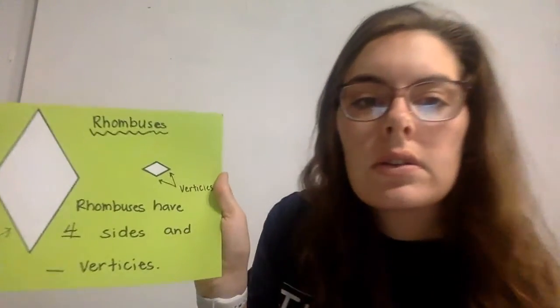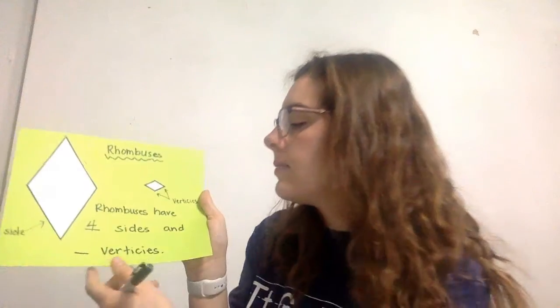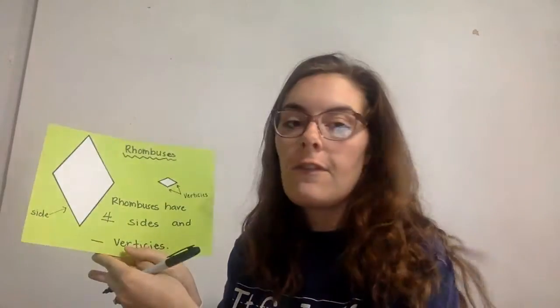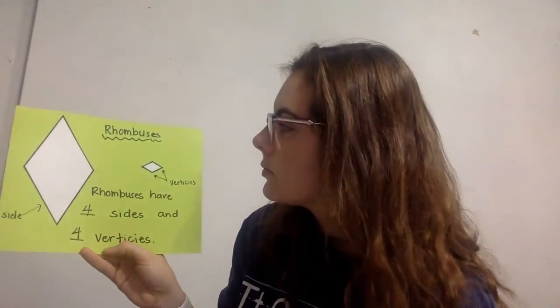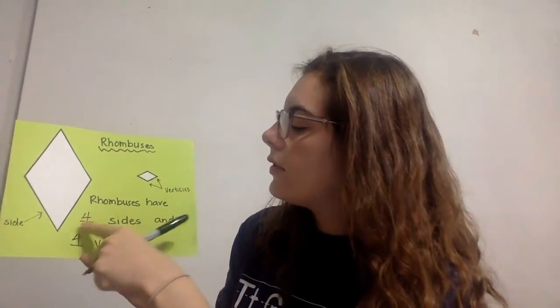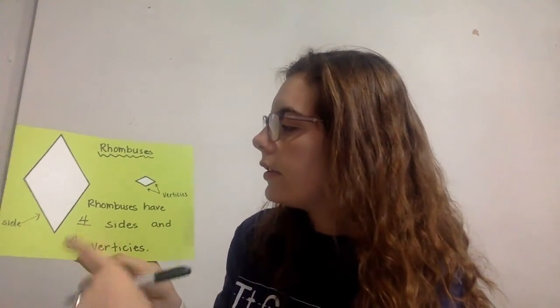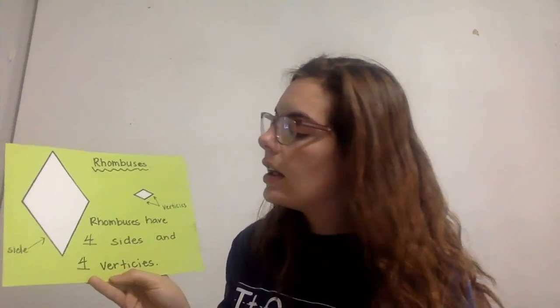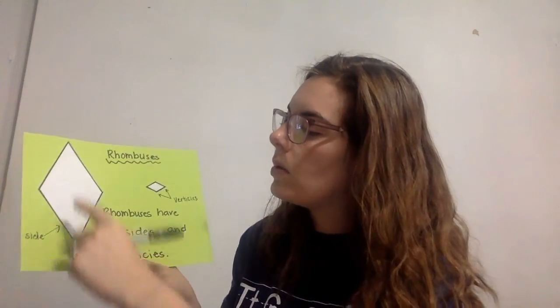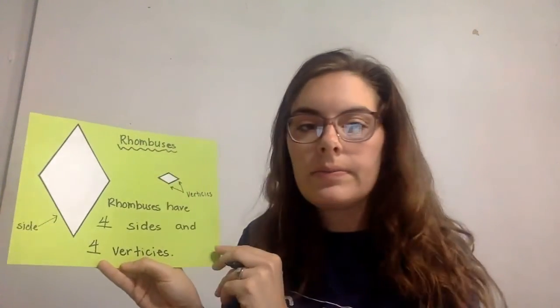I drew my arrows to show my vertices, and I'm going to write 4 vertices. So rhombuses have 4 sides and 4 vertices. These are the sides, 1, 2, 3, 4, and these points are the vertices, 1, 2, 3, 4.